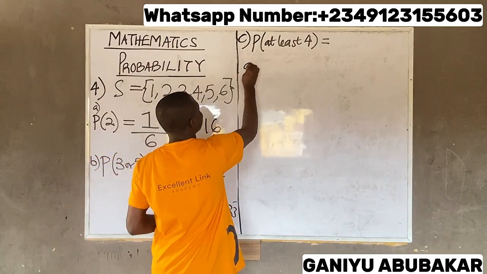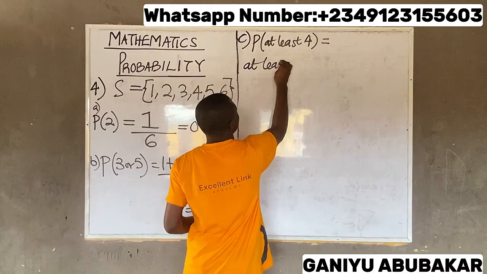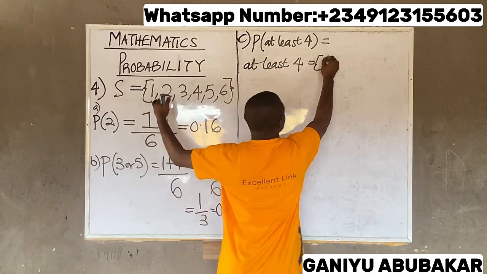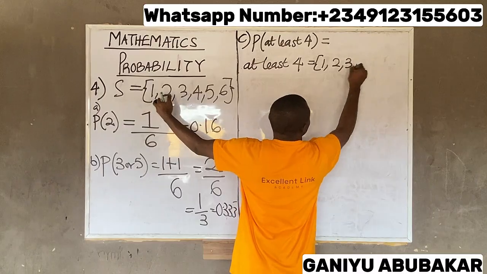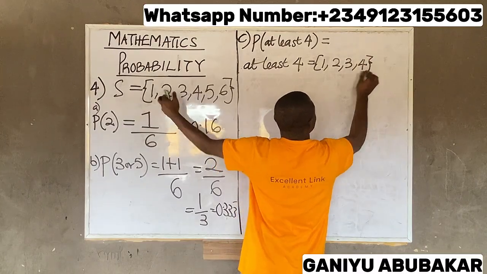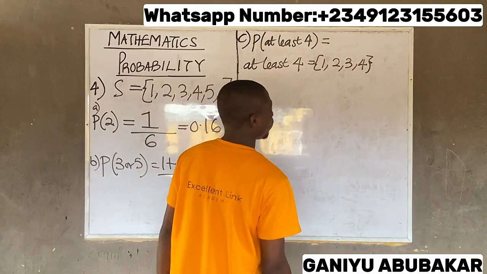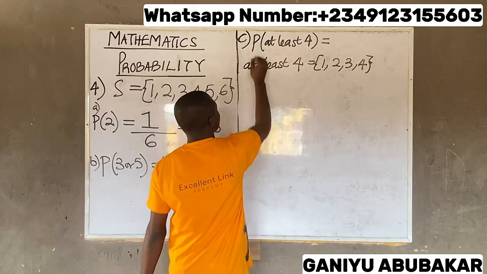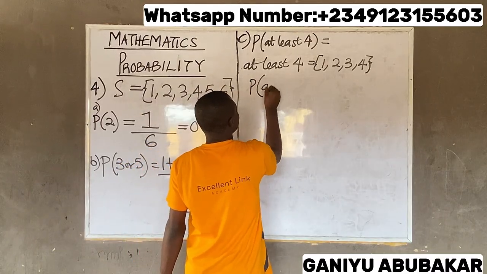So when we say at least 4, what we mean is 1, 2, 3, 4. This is at least 4. Are we good now? So at least 4 contains 1, 2, 3, 4. Right?